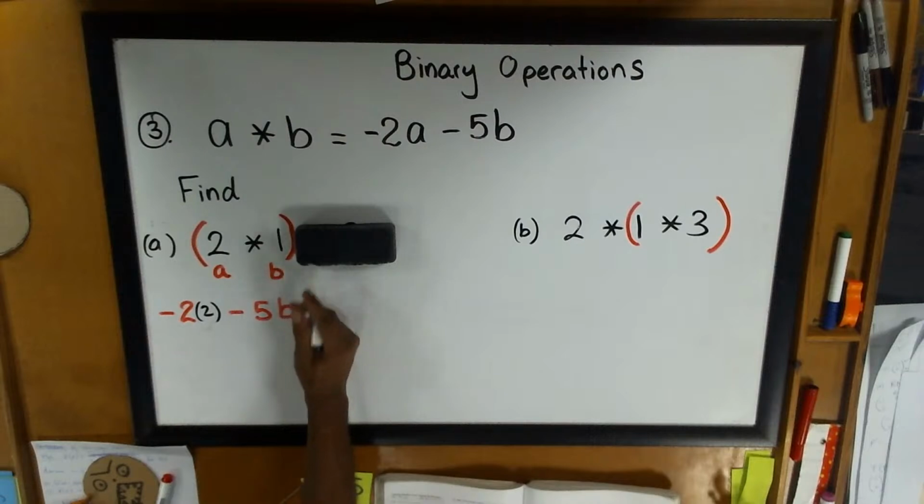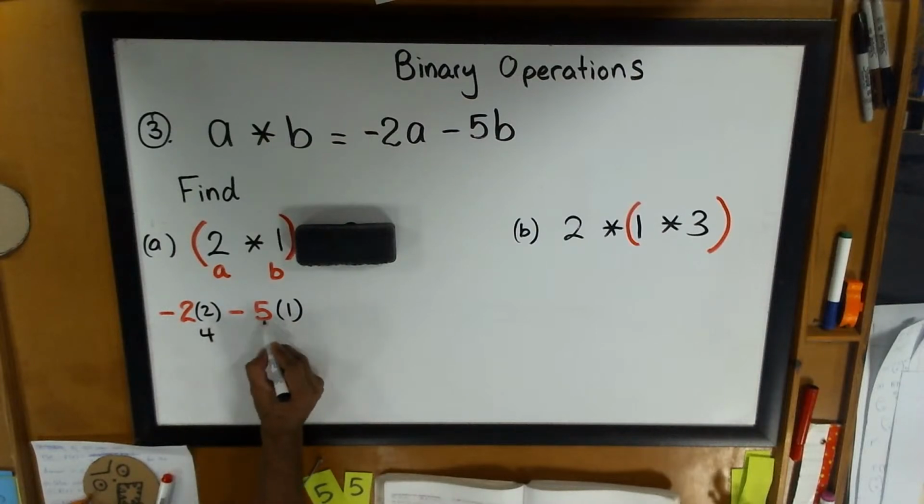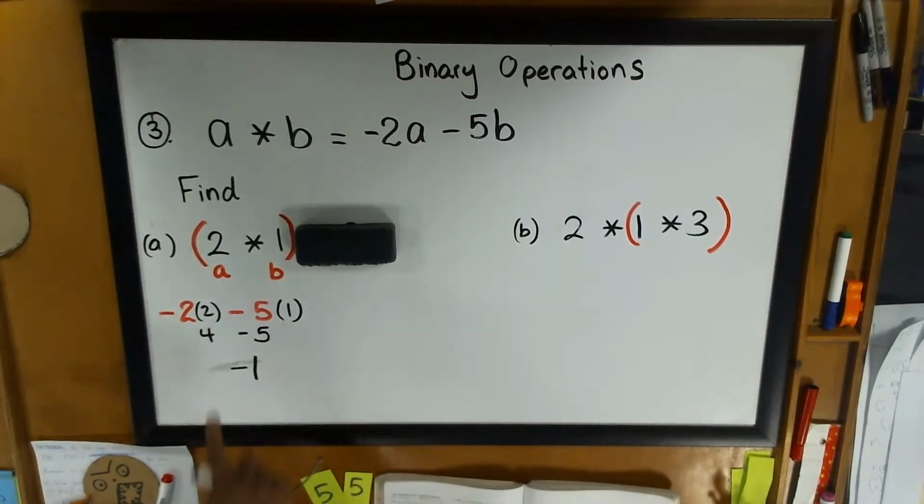And anywhere you see a B, like here, you replace it with a 1. So minus 2 by 2 is minus 4. Minus 5 by 1 is minus 5. Minus 4 minus 5 is minus 9. Good. When we work this out, we got minus 1.